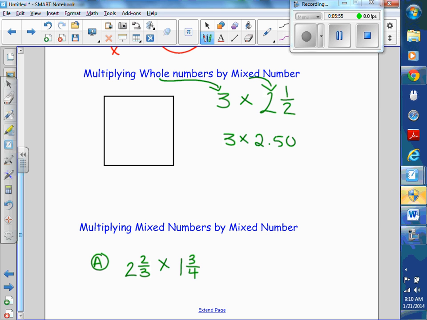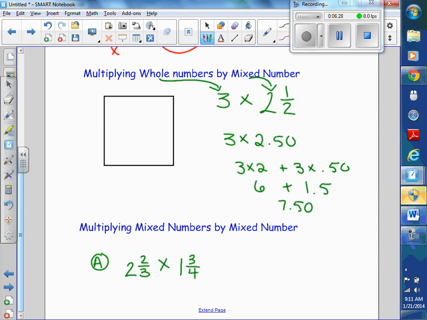Does that make sense? So 3 times $2 is 6, right? So we sort of multiplied the 3 times the $2 first, and then we're going to add that to 3 times the 50 cents. So 3 times $2 is 6. 3 times 50 cents is how much? $1.50. So this is $7.50 if you think about money.